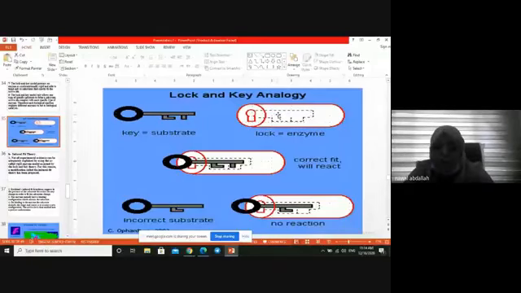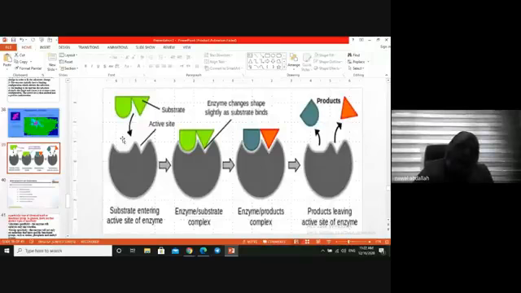The substrate has two geometrical shapes, like a curve, and this will react with this active site. The active site has another shape, different from the shape of the substrate.